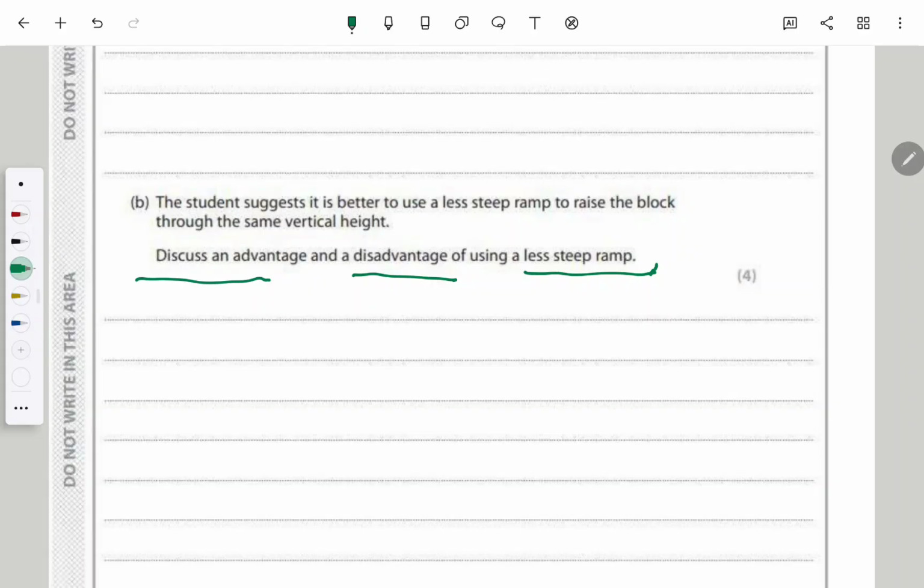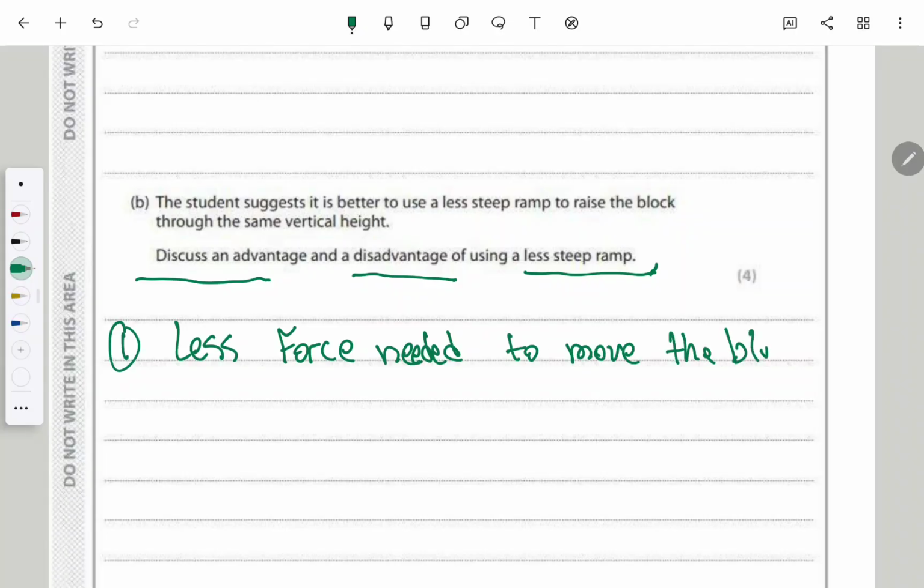First of all, in order for you to push it, advantage number one is that you need less force, the force needed to move the block. The green ones are going to be advantages.